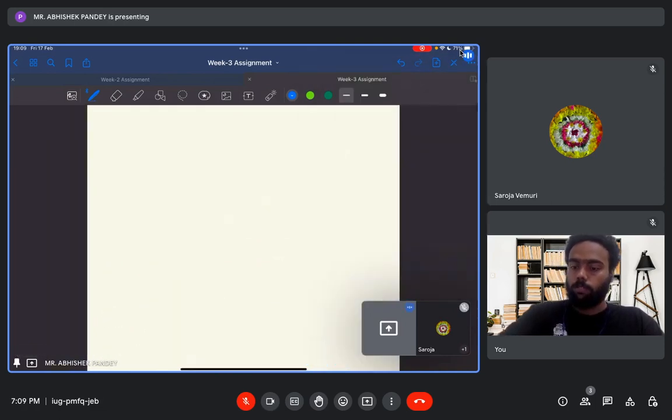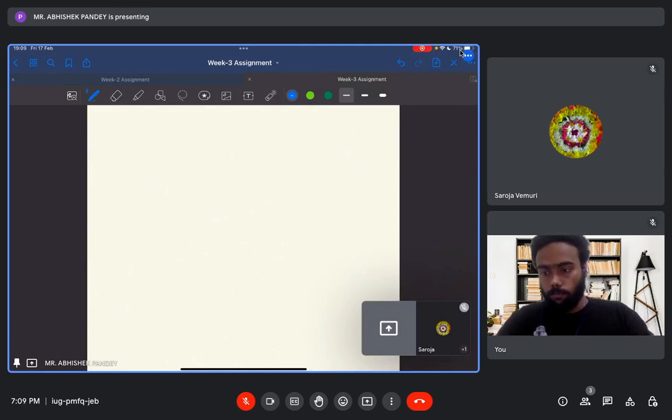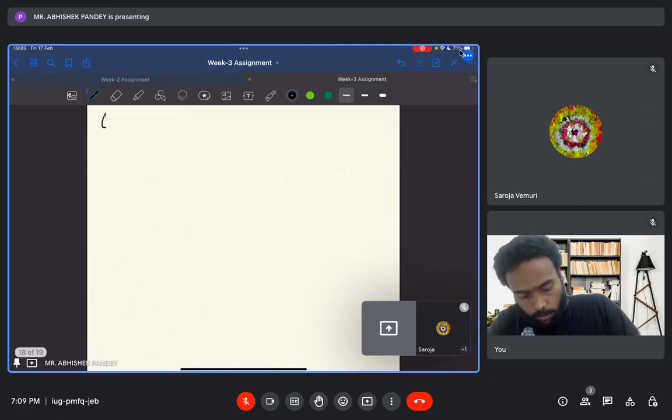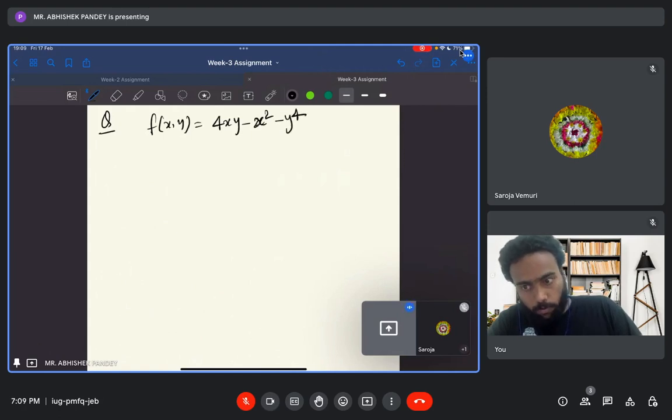Now the other question is, you take f of x comma y equals 4xy minus x square minus y to the power 4.